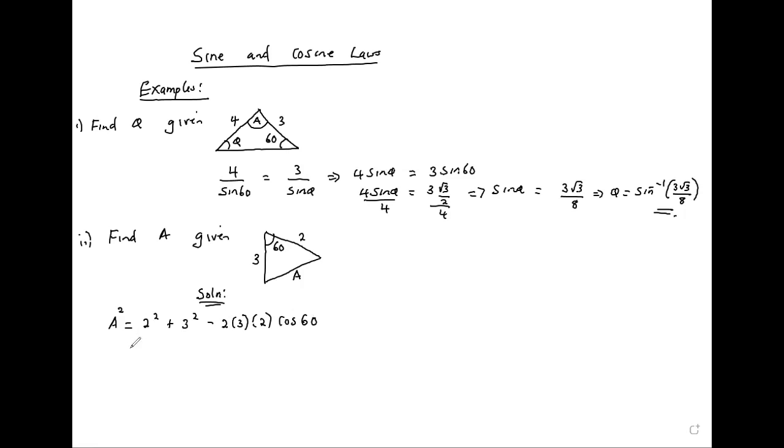So we get 4 plus 9 minus 12 cos 60, and cos 60 is half. So we have 13 minus 6 giving us 7. So A squared is equal to 7, and so A is equal to root 7.